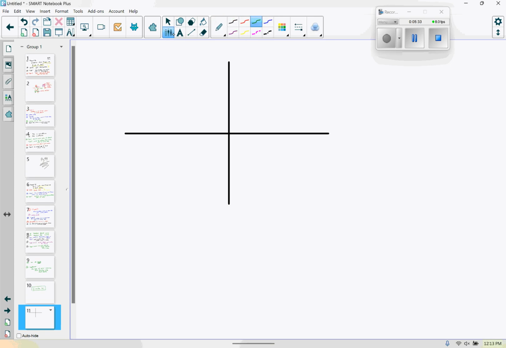Okay, so we have this, and we have this. That's basically our picture, except this is supposed to be a straight line.